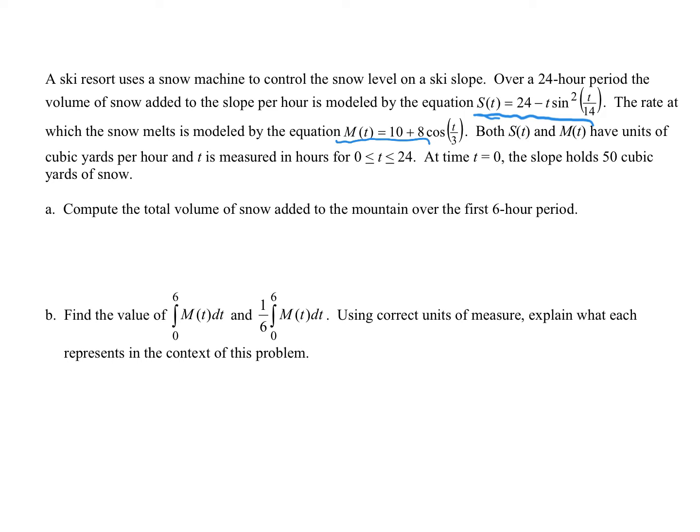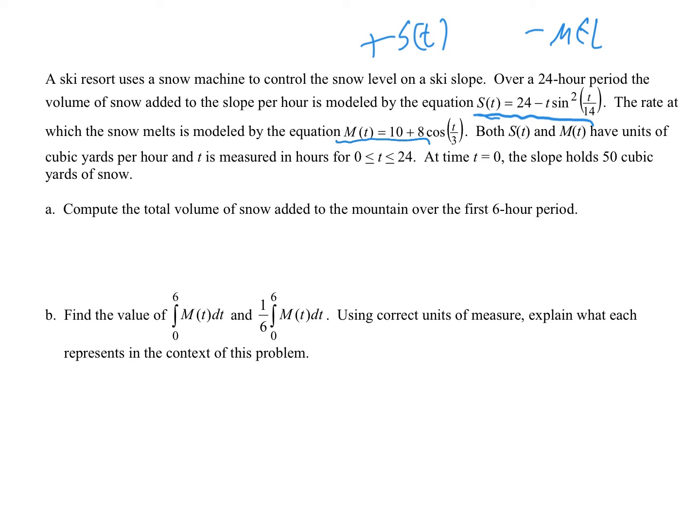Oh, so we've got snow being added and we've got snow being melted. It's two functions working together simultaneously. And neither of those functions can you integrate by hand. I can tell because I've not taught you how to handle an argument that is not just a t.